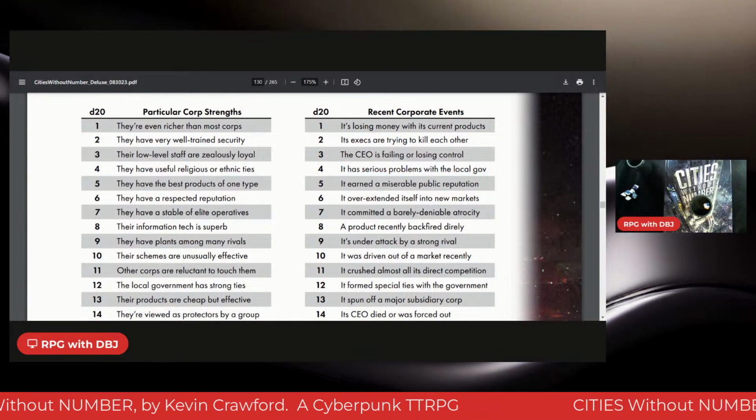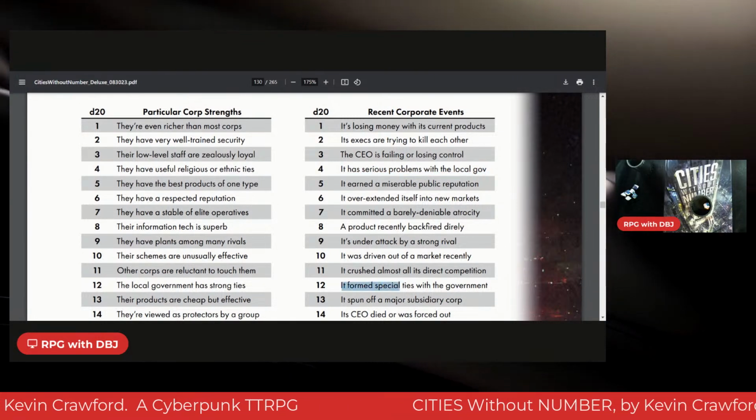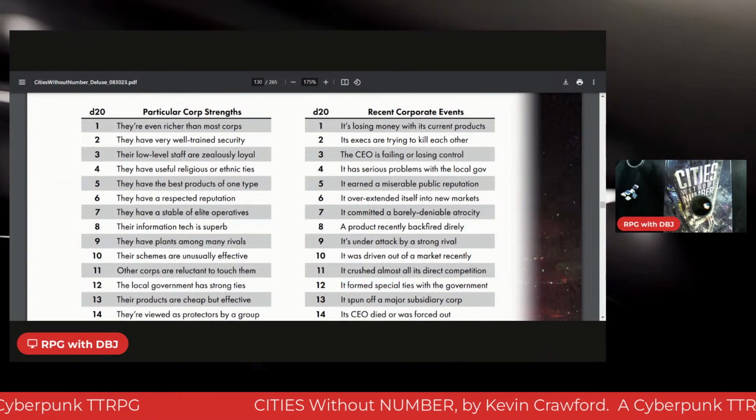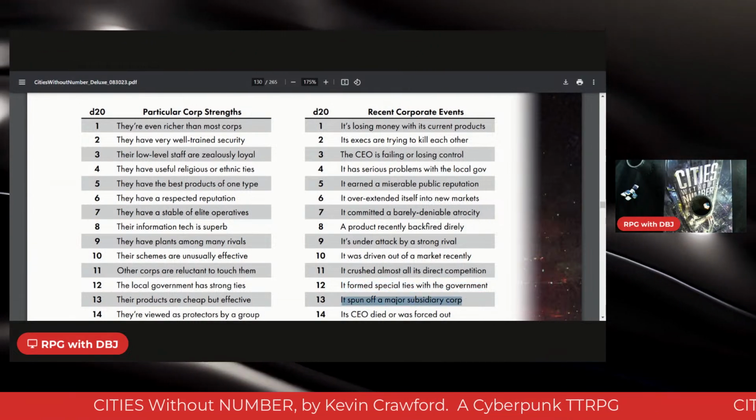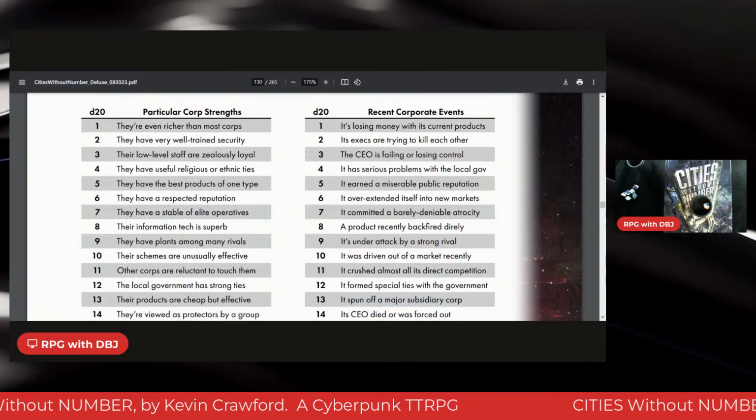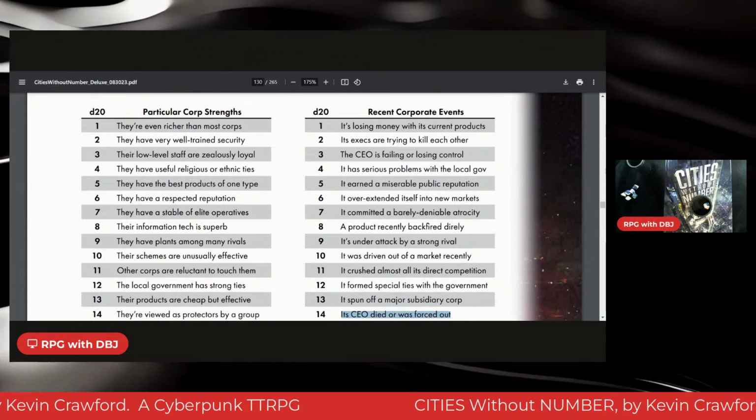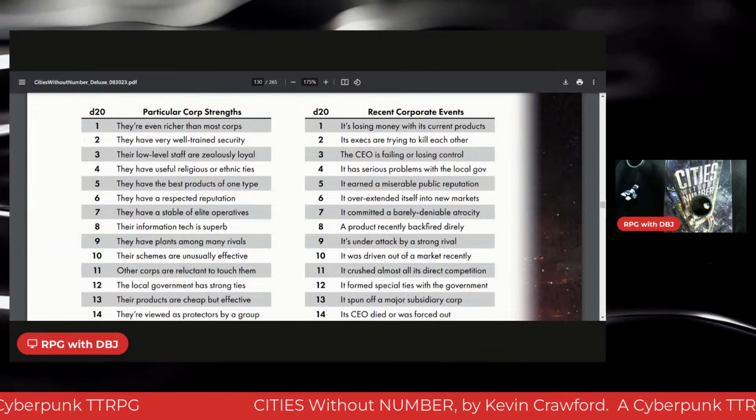And there's all kinds of other things on here, like it formed special ties with the government, or it spun off a major subsidiary corporation, or its CEO died or was forced out. RoboCop.